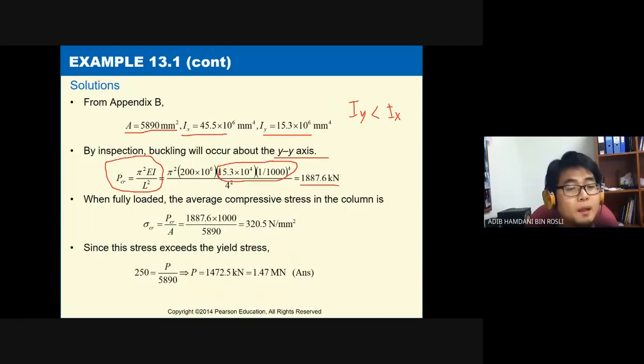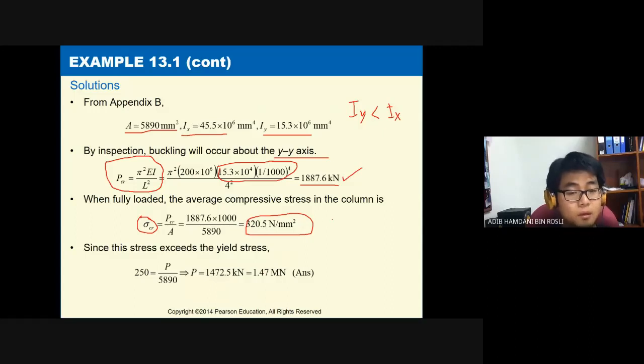Once you have this critical buckling load, you have to check what the resulting compressive stress is. We call it the critical buckling stress. Just divide the critical load by the area from Appendix B for this wide flange column. So you have the critical buckling stress of 320.5 megapascal.